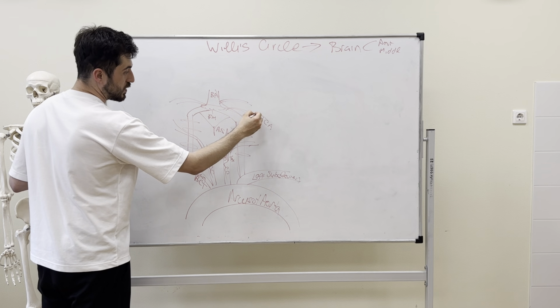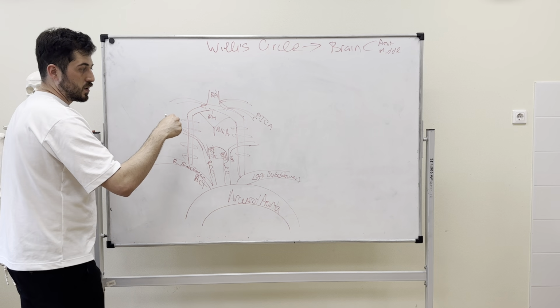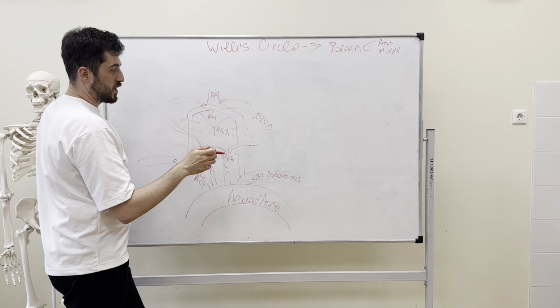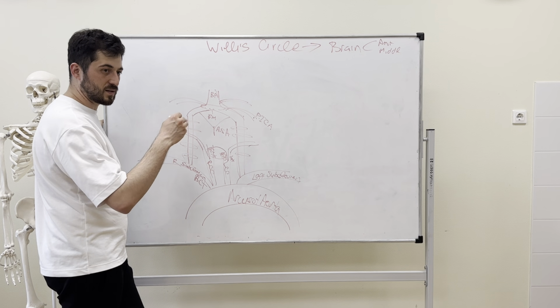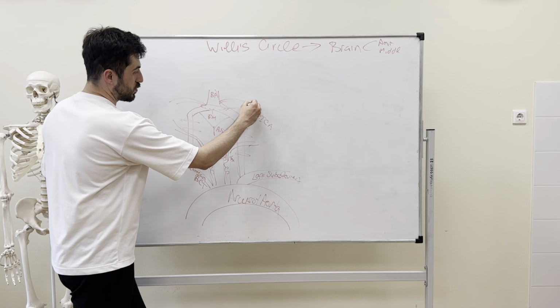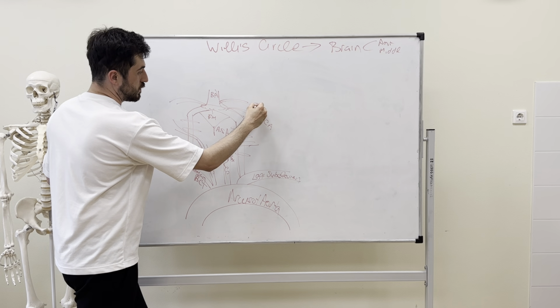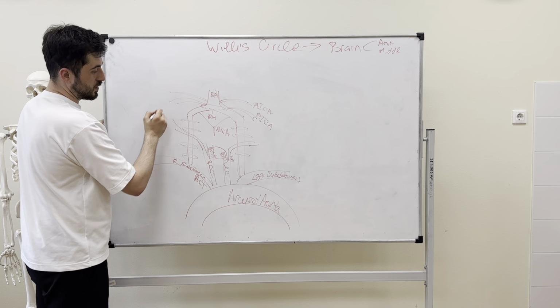The anterior inferior and anterior superior. So first let's divide: we have posterior inferior cerebellar, posterior superior cerebellar, then we have the anterior cerebellar artery. Is it clear? Then this will be the anterior inferior cerebellar artery, the same as the second line here.